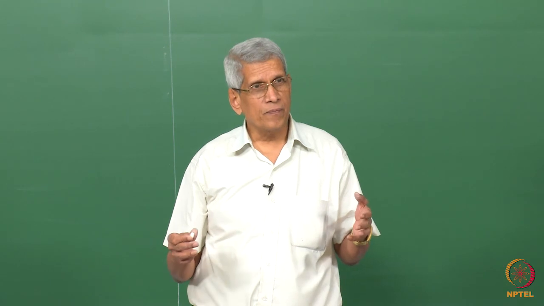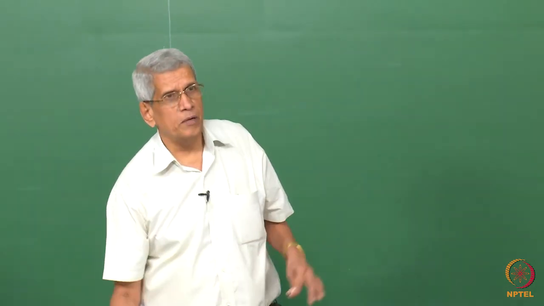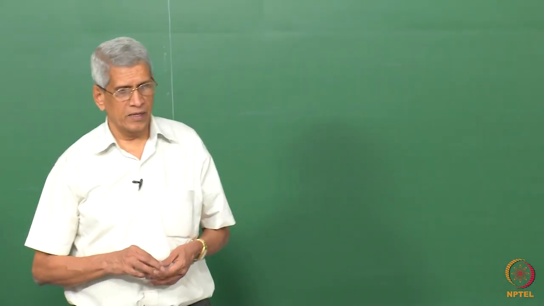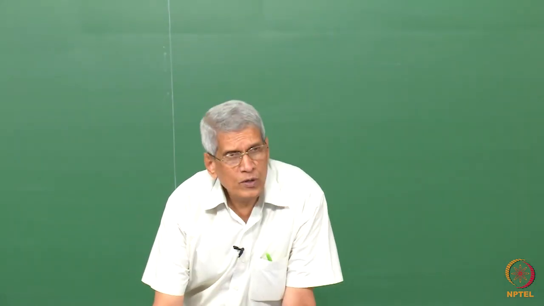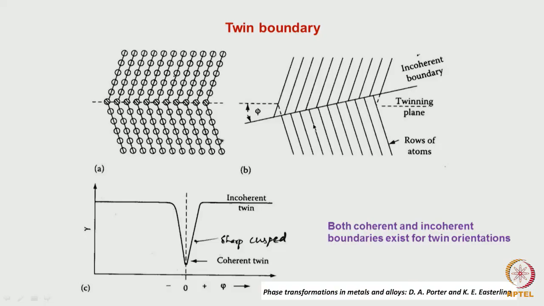That means, what is the misorientation between these two regions? They remain the same, correct? So, how will the boundary move? Everything is going to be decided by the specific boundary and the particular boundary energy, correct? So many of the kinetics of grain growth are going to be controlled by the nature of the boundary and not just the misorientation.